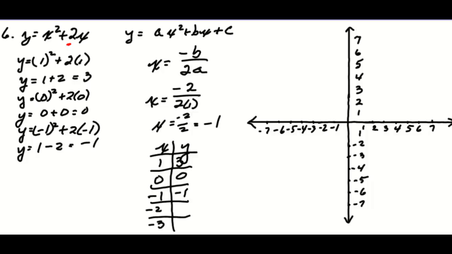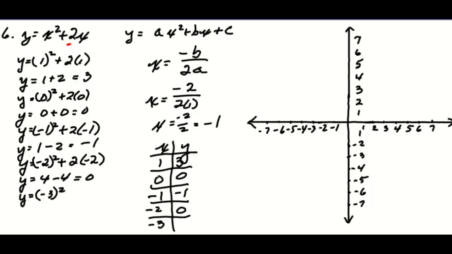In our fourth one, y equals negative 2 squared plus 2 times negative 2, we get y equals 4 minus 4, and that's 0. And finally in our last one, y equals negative 3 squared plus 2 times negative 3, we get y equals 9 minus 6, and that's 3.